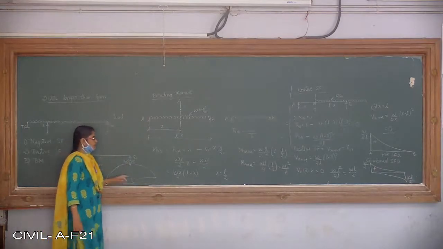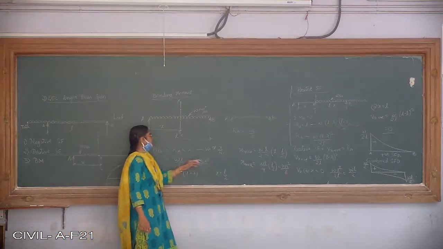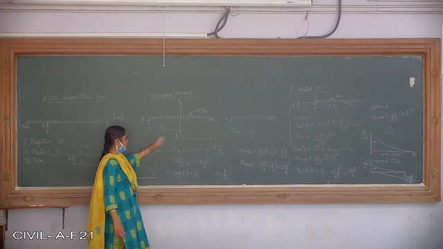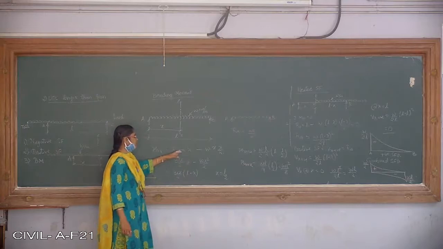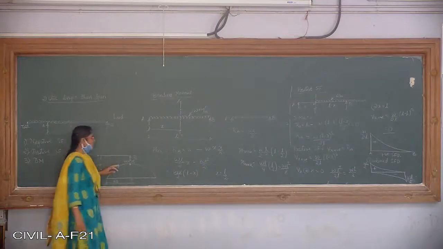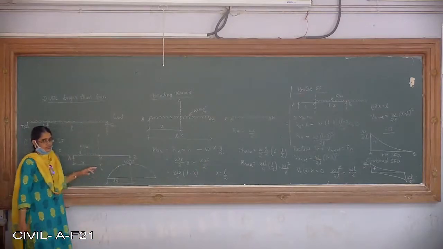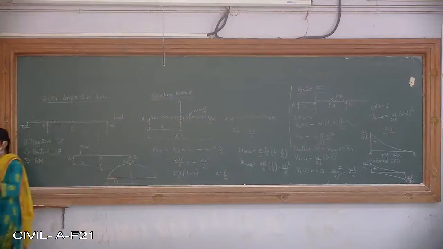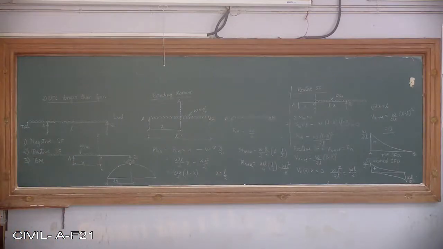Your X will be given to you, maybe at 2 meters or 4 meters. Span is known, load is known. You have to simply substitute in this expression and get the moment at that location. We can take up one problem here so that the concept is clear again.